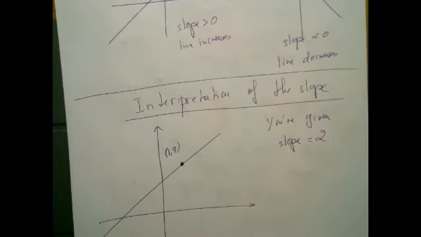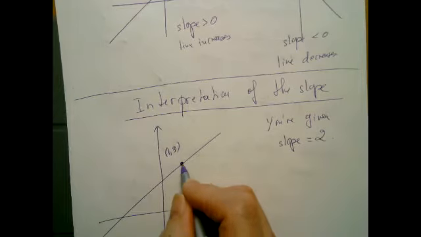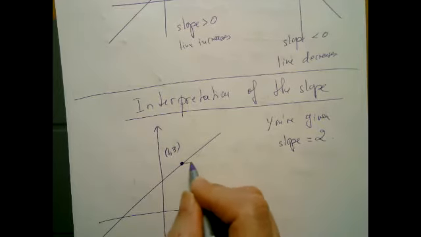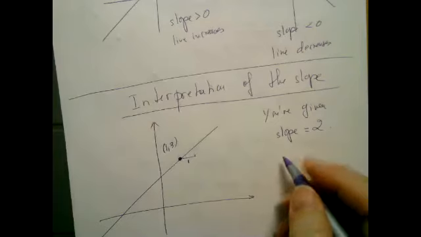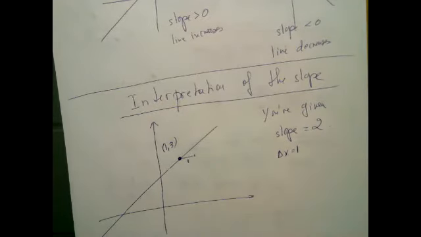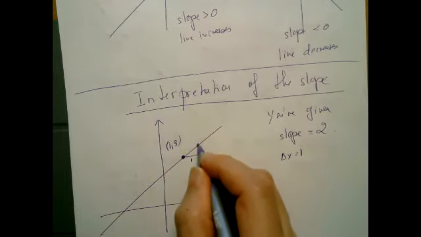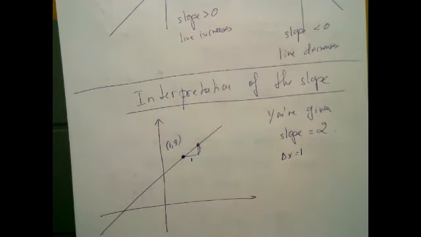What does it mean the slope is 2? It means if I start from here and I move 1 unit, so my delta x is 1, what should be my delta y? By how much should we rise?